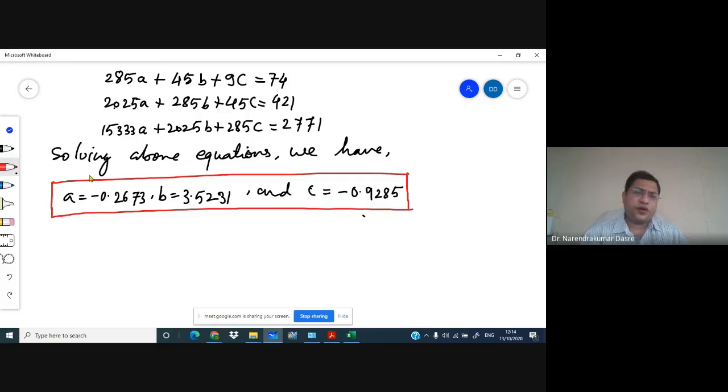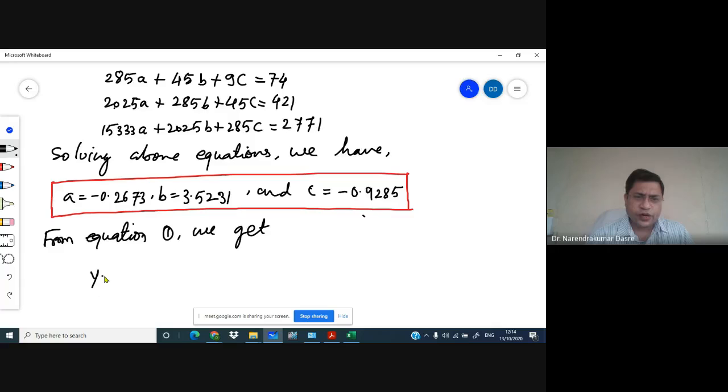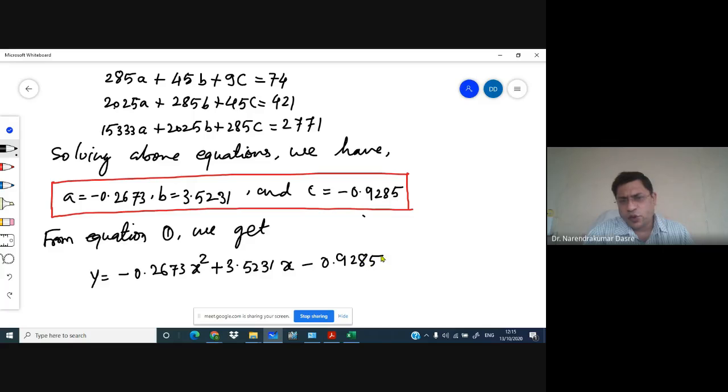Once you have the values of A, B, and C, we are able to write the equation of the curve. From equation 1 we get y is equal to minus 0.2673 x square plus 3.5231 x minus 0.9285.